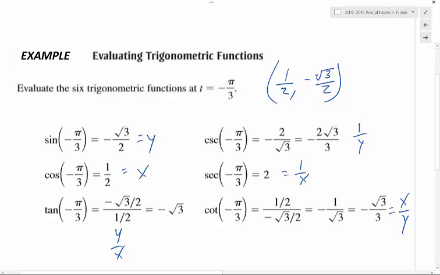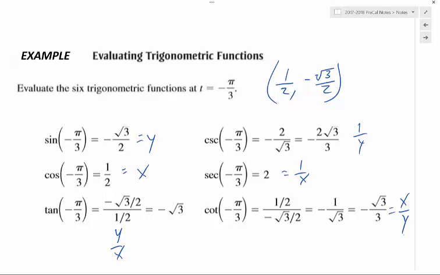So the sine is y, so that's negative square root of 3 over 2. The cosine is 1/2, so that's x. The tangent is negative square root of 3 over 2 over 1/2, which is negative square root of 3.